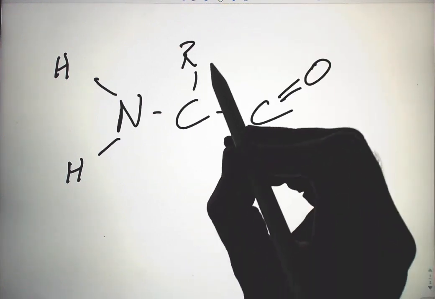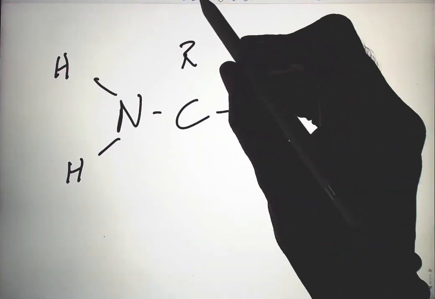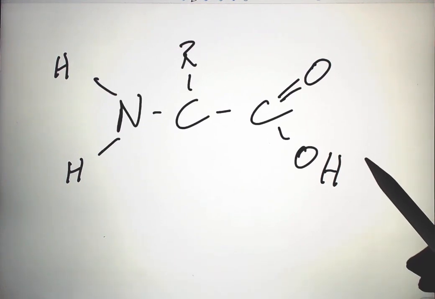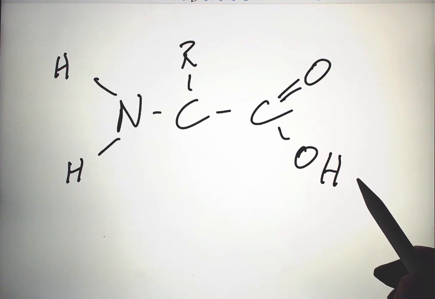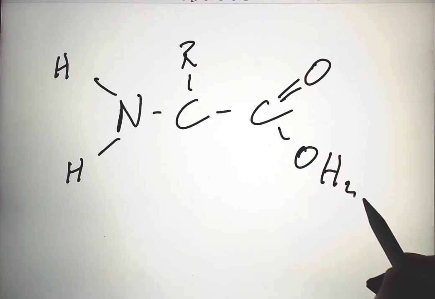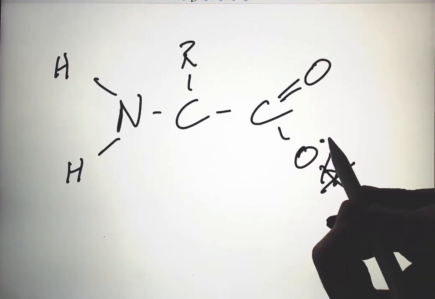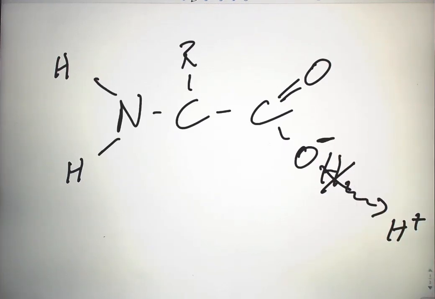Before we talk about the different amino acids, the different R's, I want to talk about the characteristics of amino acids from these amino groups and carboxyl groups. The acid part of amino acid comes because this H can leave as an H+, leaving behind an O-. So when that H+ is gone, that contributes to acidity.